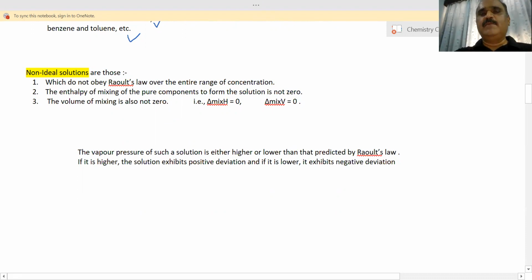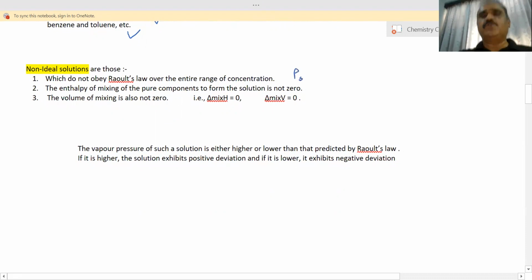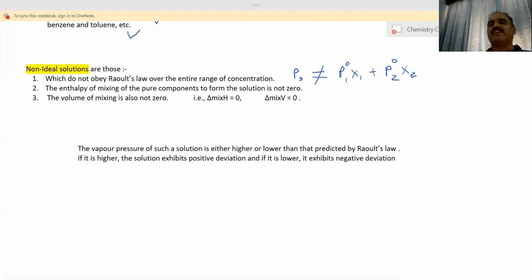That means pressure of solution is not equal to the sum of pressures of components. It is either more than their sum or lesser than their sum.